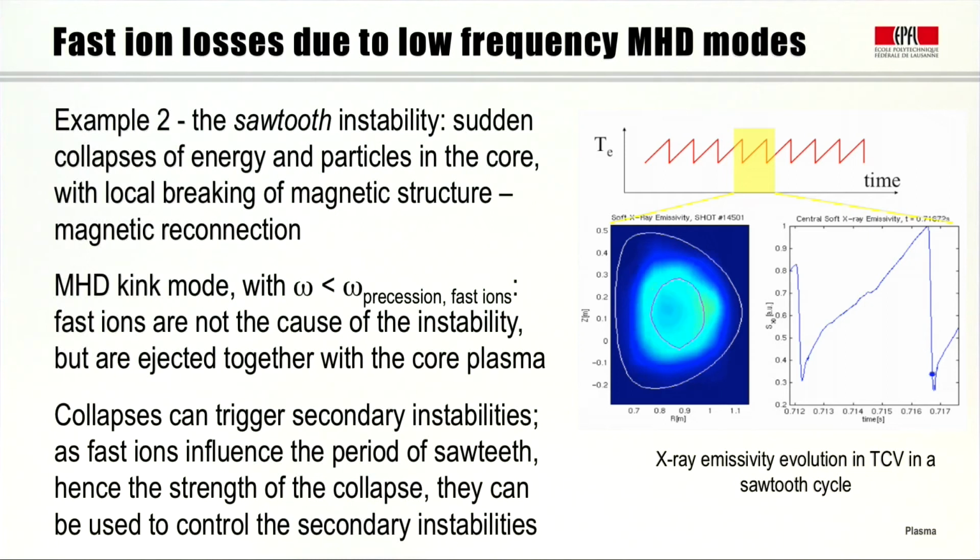Because the fast ions influence the period of this sawtooth, which in turn determines the strength of the collapse, the fast ions can be used to control these modes and therefore to control the secondary instabilities. And this is really a very active line of research.